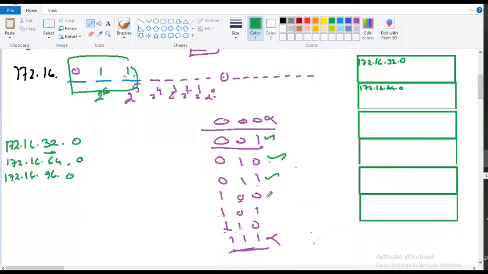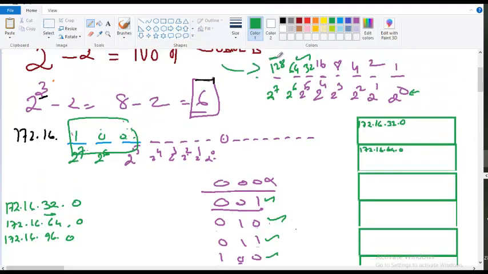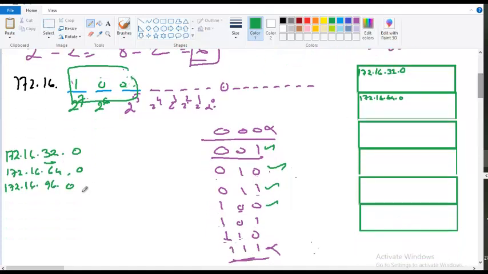When I apply this one here, 100, the value on this 2 to the power of 7, the face value is 128. You can see it here, 128. So 172.16.128.0 will be the fourth network. So we got the network for first, second, third, and fourth.